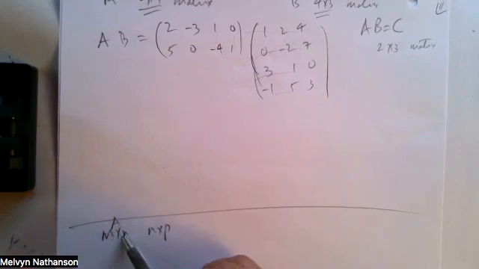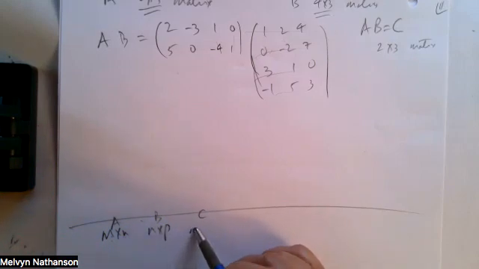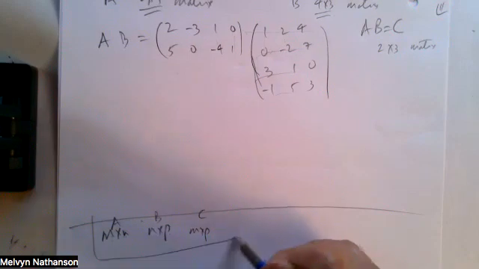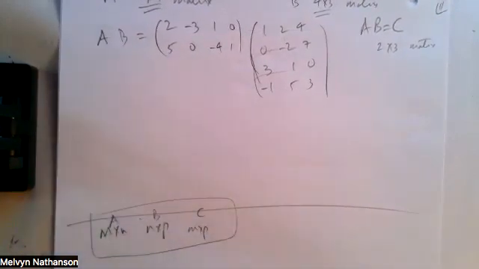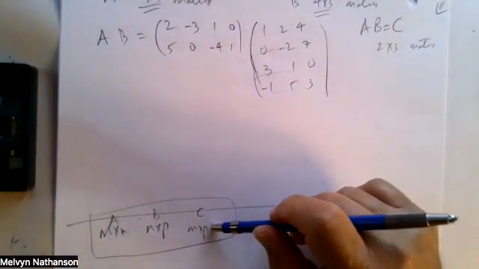So if A is m by n and B is n by p, the product C will be m by p. This is how I'm defining matrix multiplication.